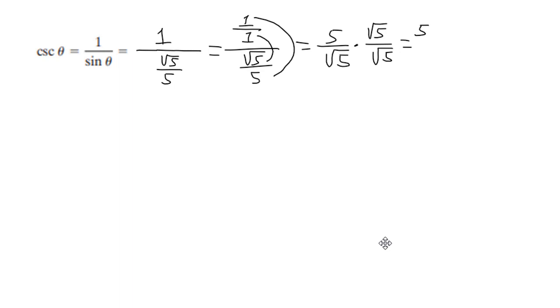This gives 5 square root of 5, and square root of 5 times square root of 5 is square root of 25. What I have is 5 square root of 5 divided by 5. And finally, I can divide 5 divided by 5, which is 1. Then cosecant of theta is equal to, and 5 divided by 5 is 1, then my final answer is square root of 5.